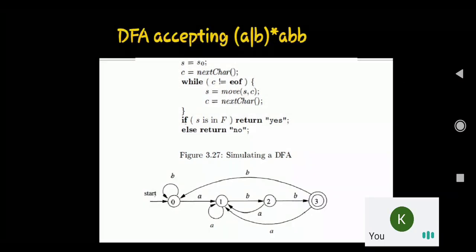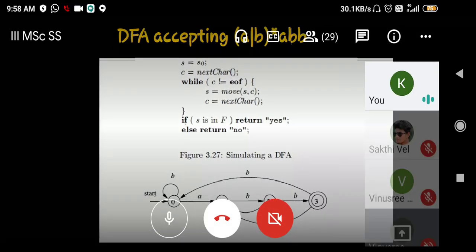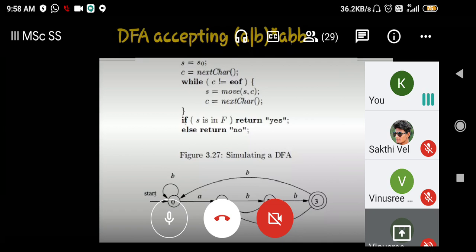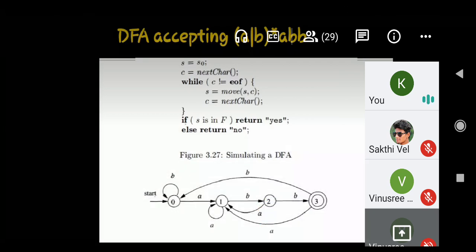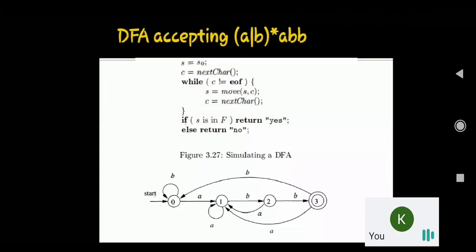Before ending the session, I would like to ask just a few questions. The first question, students kindly listen: we have two important rules to be followed in DFA, and that is going to be the difference between NFA and DFA.